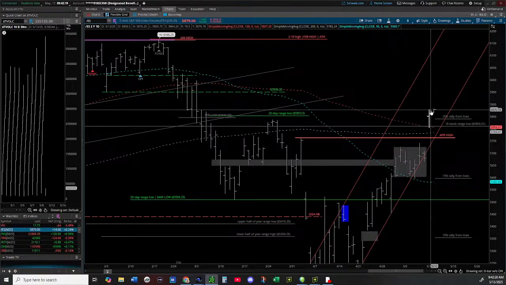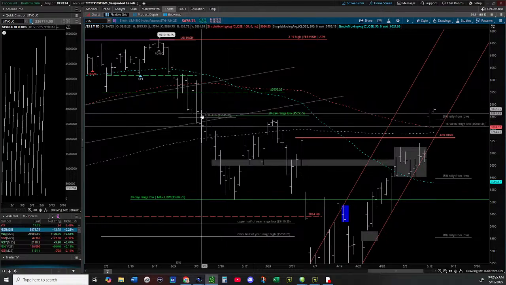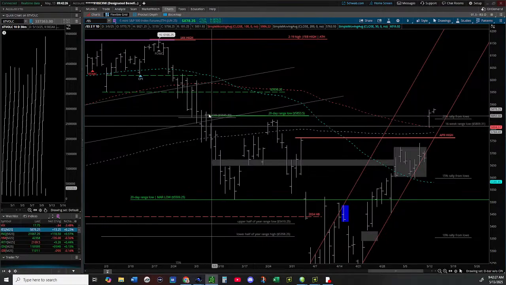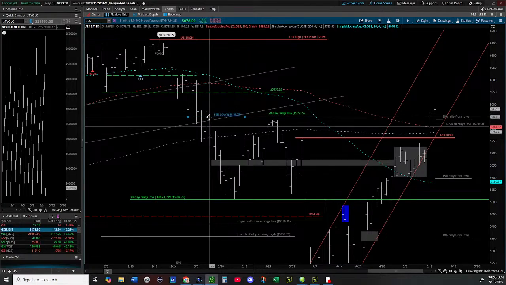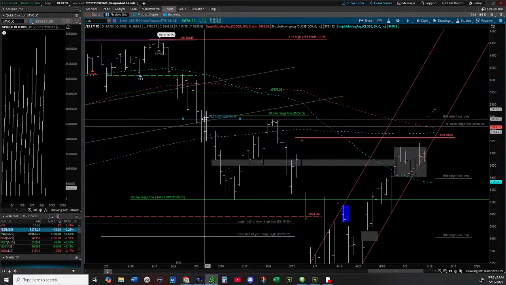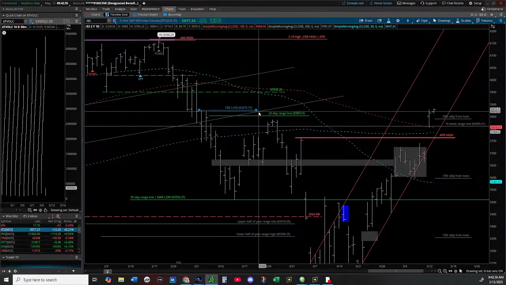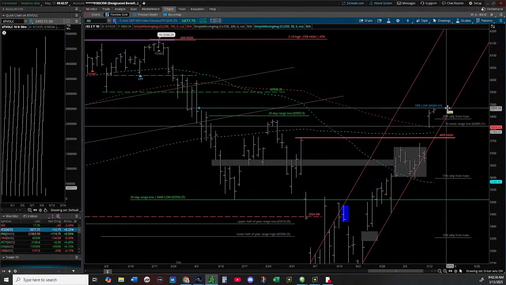Look at this. I have just noticed this. Look at this 2 day here. Oh boy, this is very low. Disregard this label, please.